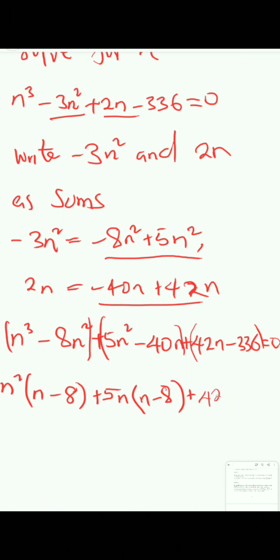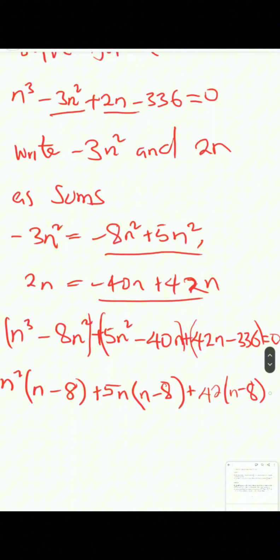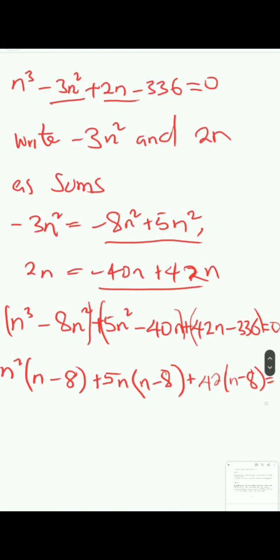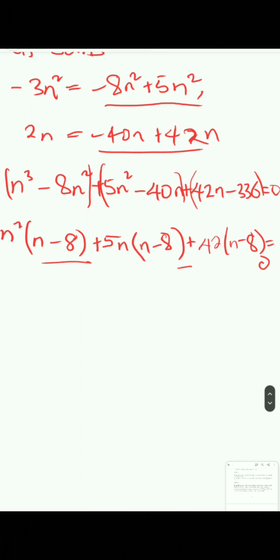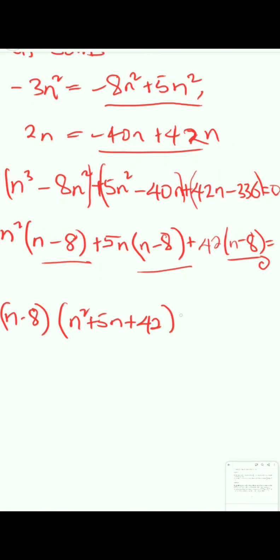Then plus, the next one is 42, which is common, so we have n minus 8 in parentheses, equal to 0. What is under the brackets is the same, so we write a single bracket n minus 8 to multiply with the remaining values, which is n squared plus 5n plus 42, equal to 0.